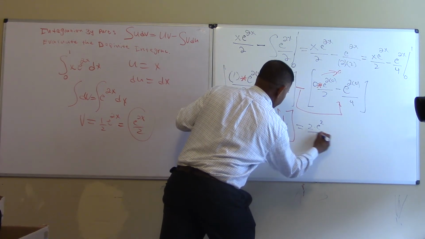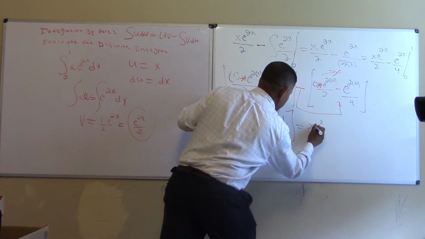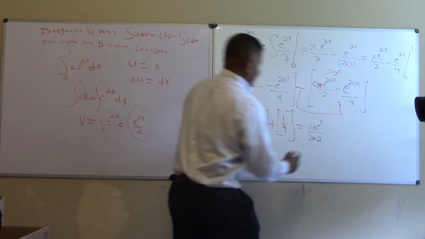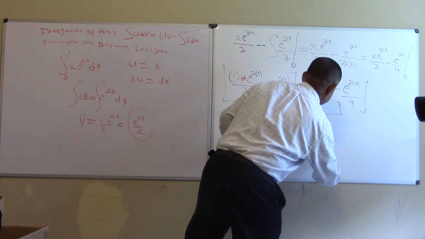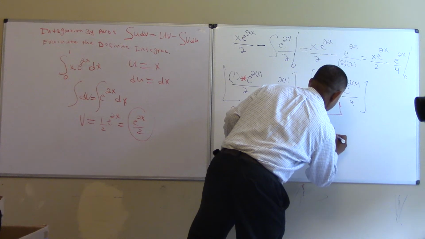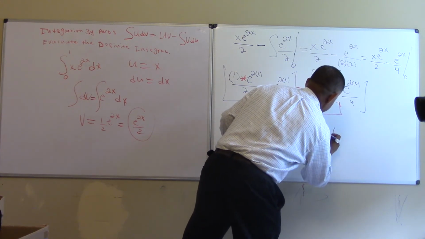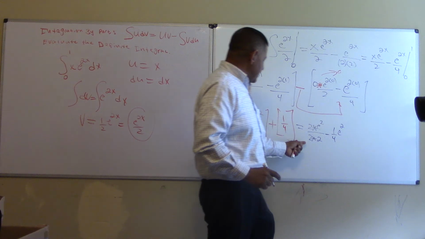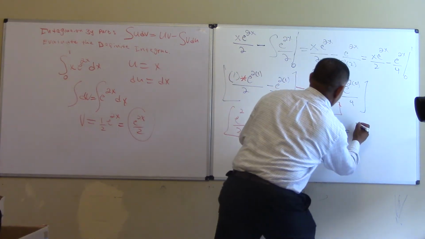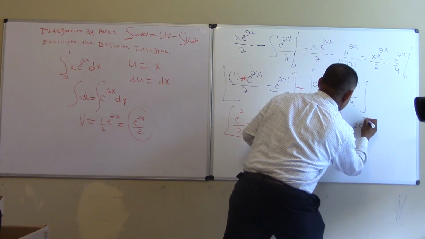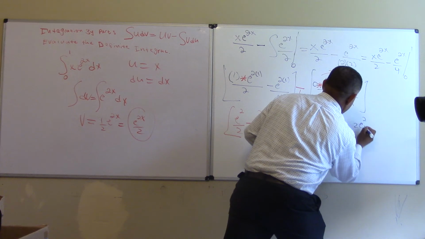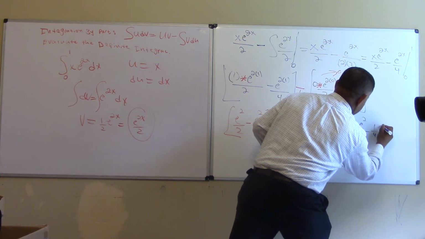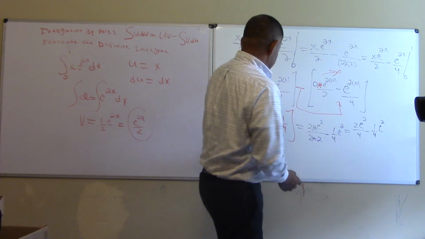2 times e to the second power over 2 times 2 at the bottom, minus 1/4 e to the second power, plus 1/4. So when I do this math, this is equal to 2e to the second power over 4, minus 1/4 e to the second power, and then plus 1/4 comes here.